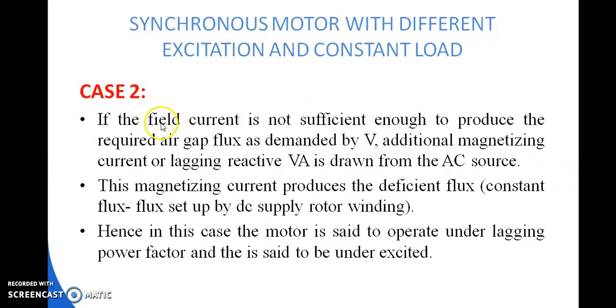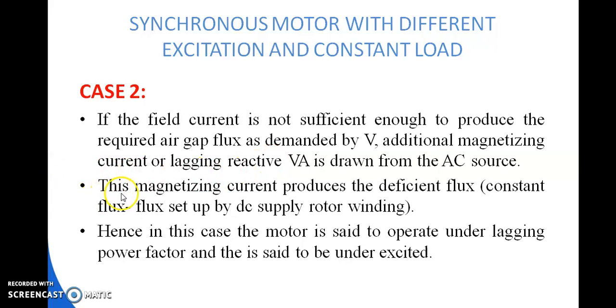Now, case 2, what happens here? If the field current is not sufficient to produce the required air gap flux as demanded by supply voltage V, an additional magnetizing current or lagging reactive volt ampere is drawn from the AC source.